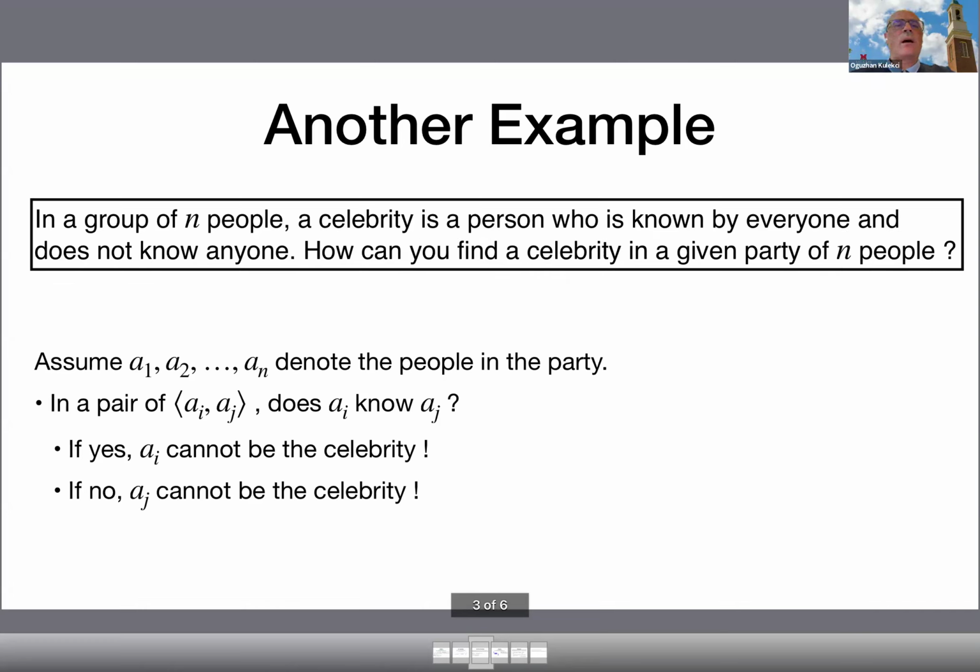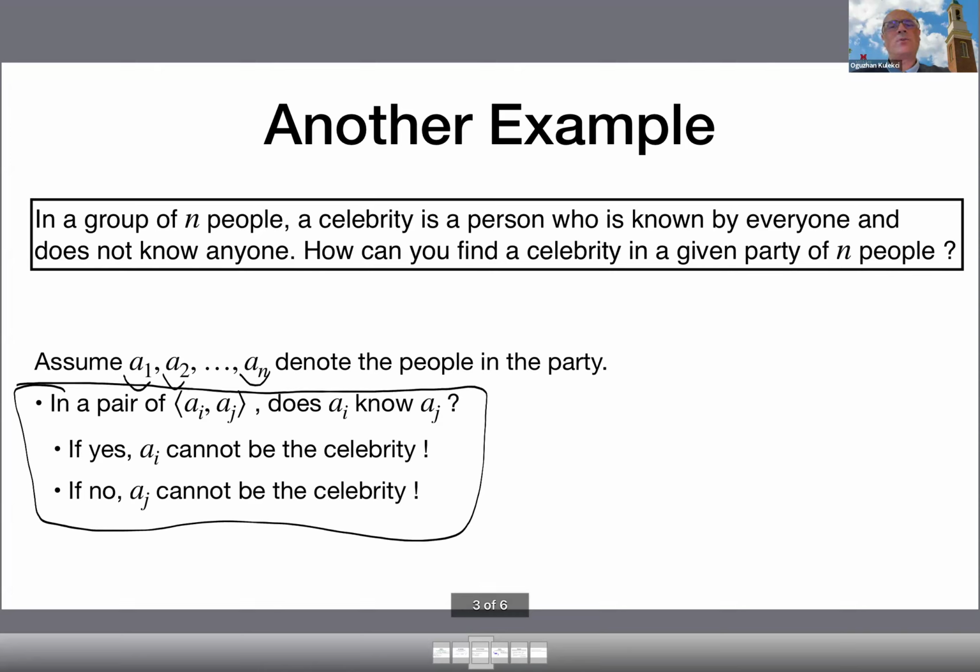Let's assume I denote the people in the party with this notation, A1, A2, ..., AN. And here is the crucial observation that helps me use the stack data structure. In a pair of two people, let's say AI and AJ, you ask the question, does AI know AJ?